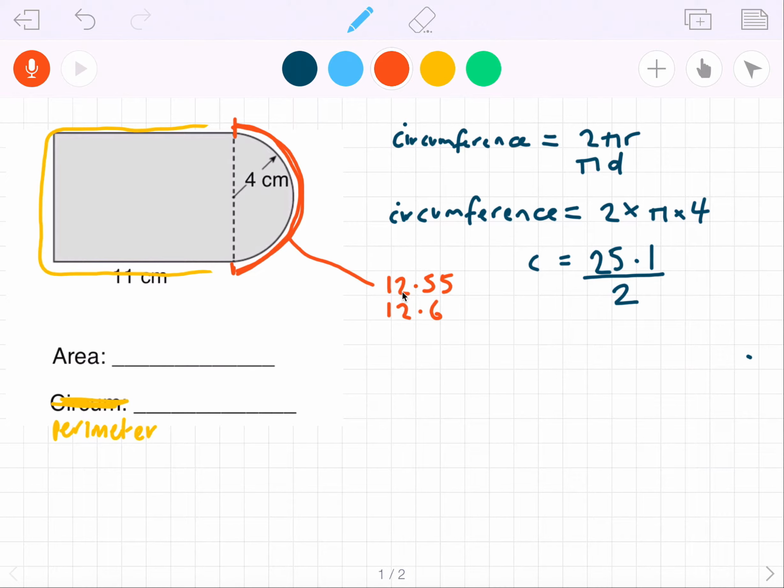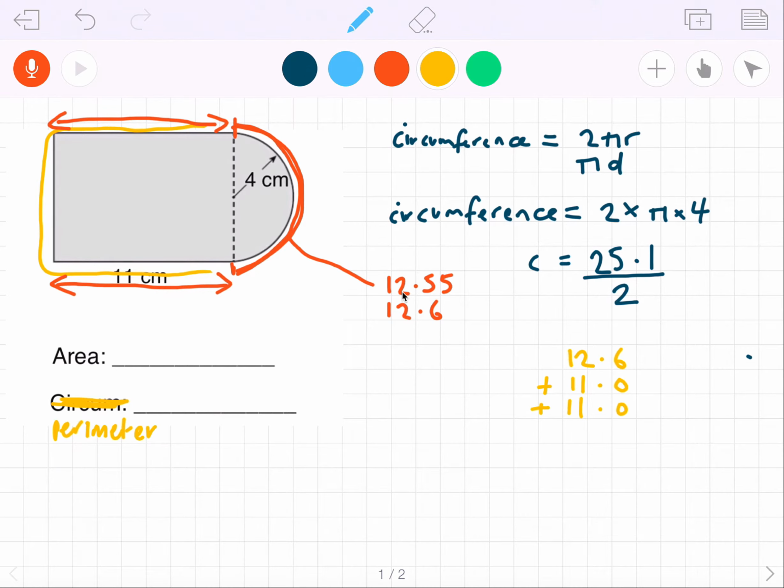Now we're going to work out the circumference of the rest of it. You can see that this bit is 11 centimeters, and this bit is 11 centimeters. To calculate the rest of it, we're going to say it's 12.6 plus 11 plus 11.